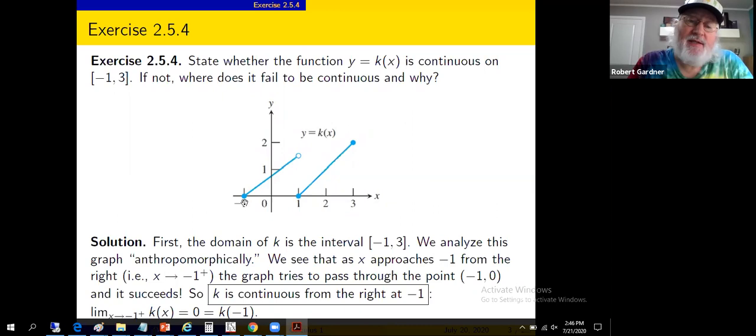It succeeds because there's a blue dot there. So that one-sided limit exists. That one-sided limit equals the value of the function. It succeeds in containing that point. So the function is continuous from the right at -1. The limit as x approaches -1 from the positive side of k of x equals 0, equals what you get by plugging in -1. And that's one-sided continuity.